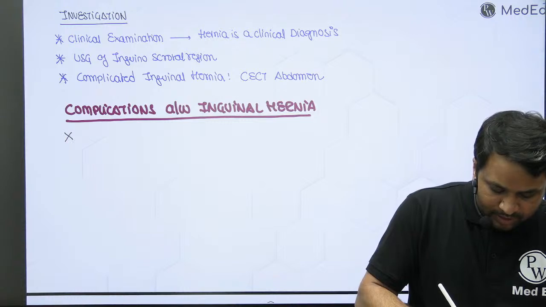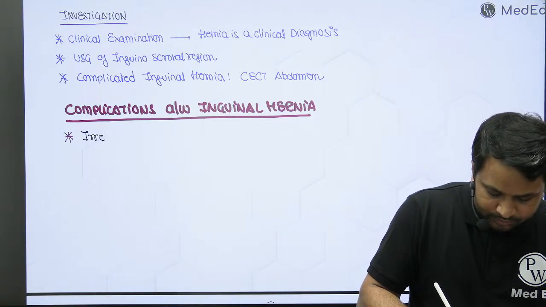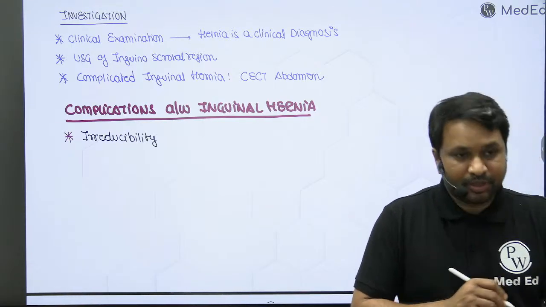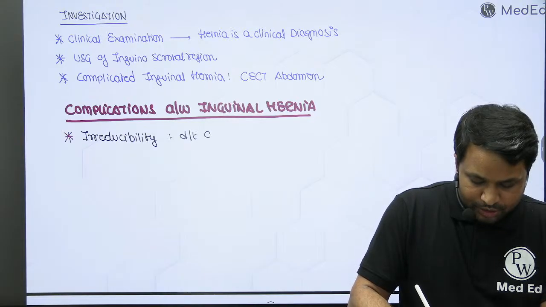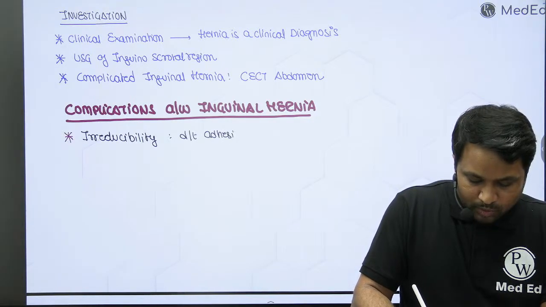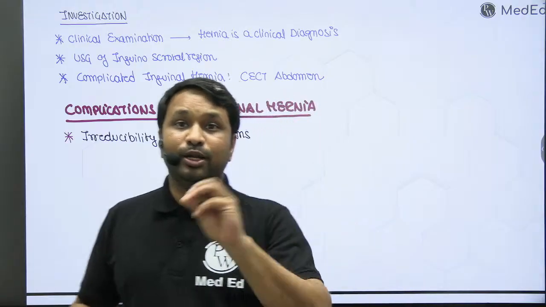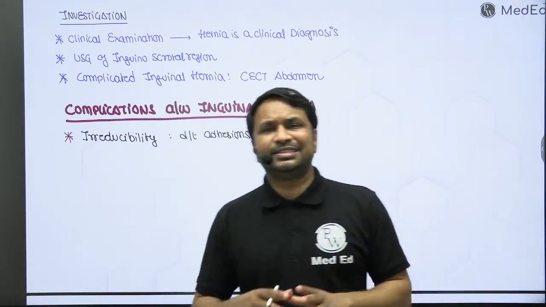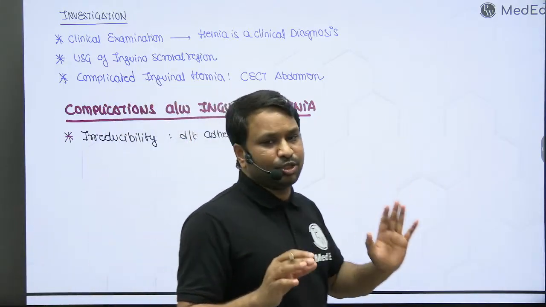The first one is irreducibility. This irreducibility is usually due to adhesions. A long-standing sac will have adhesions with the surrounding tissues, and that will not allow the hernia to reduce back. So irreducibility indicates that either the ring is narrow, or the content is too much, or there is adhesion. Basically it is due to adhesions.